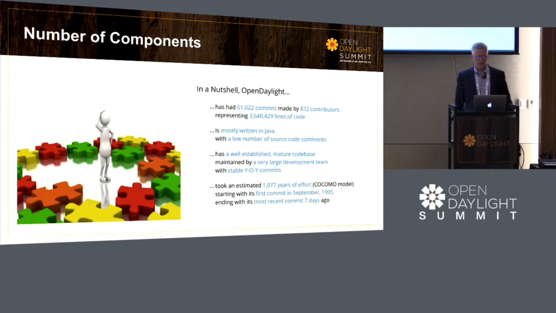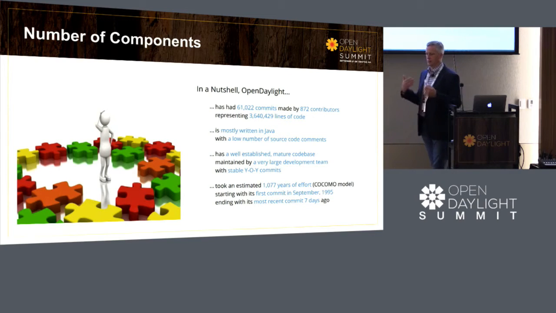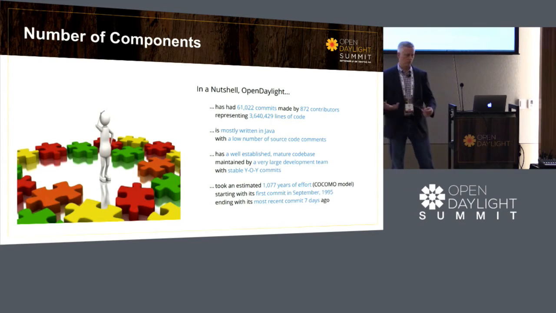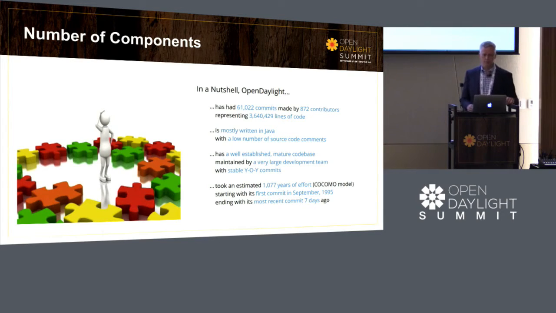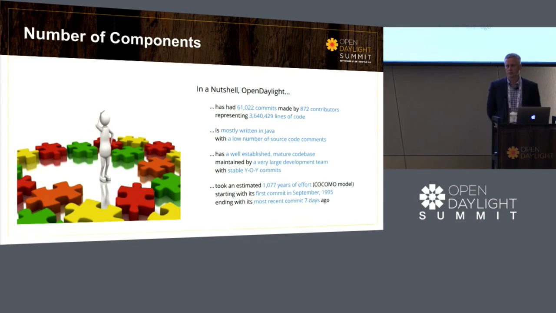A challenge, but it's also good to note that it is a well-established, mature code base, and when our developers get into the code and help contribute to it, it's structured well, so it's usually well received by development teams. It's interesting to note that it represents 3.6 million lines of code, so it's certainly a sizable project.